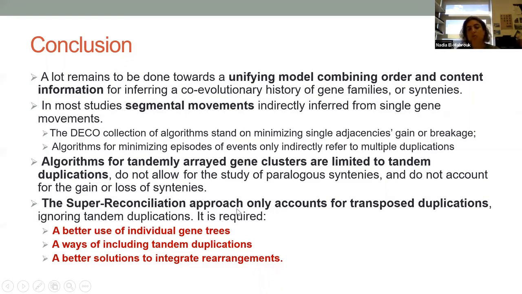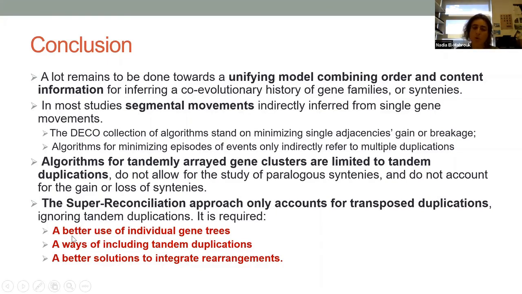Also, we have to find a better way to use individual gene trees. As you see, the super reconciliation stands on the inference of a nice synteny tree, and actually we forget the individual gene trees, but what would be interesting is to account more directly for these gene trees.